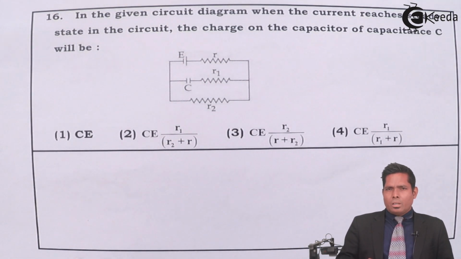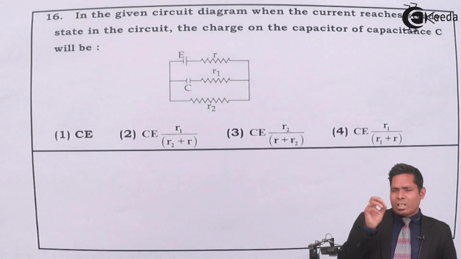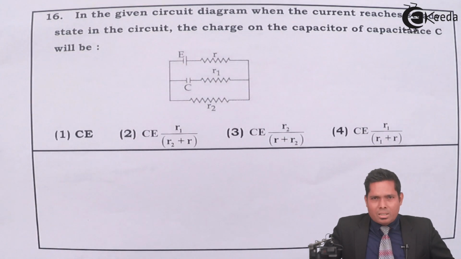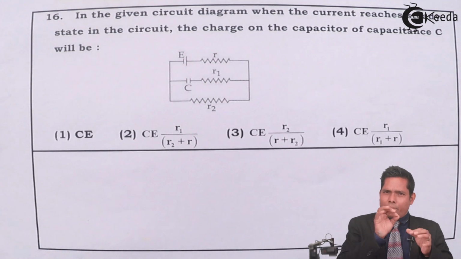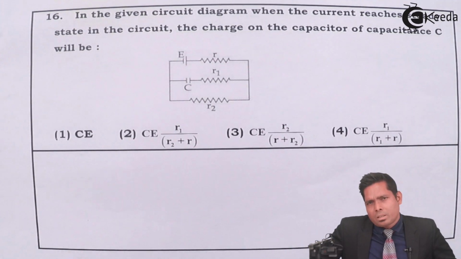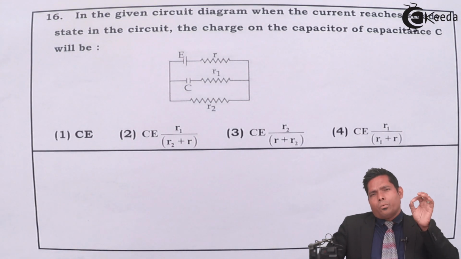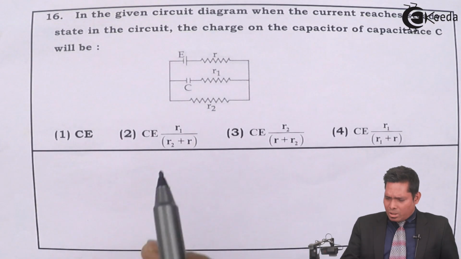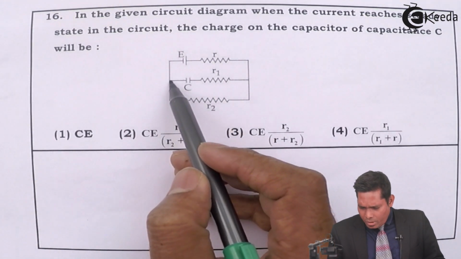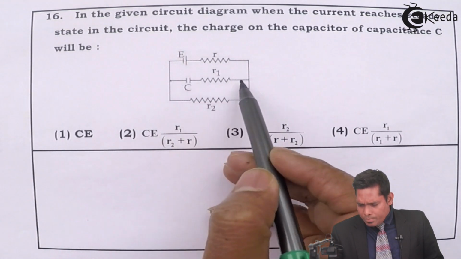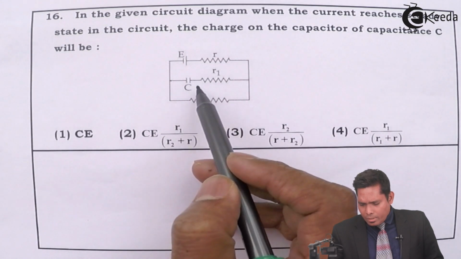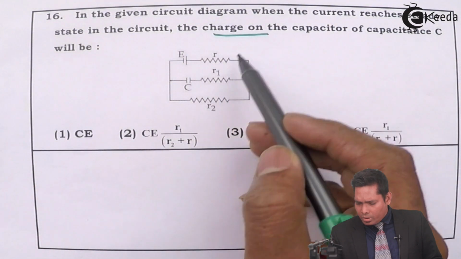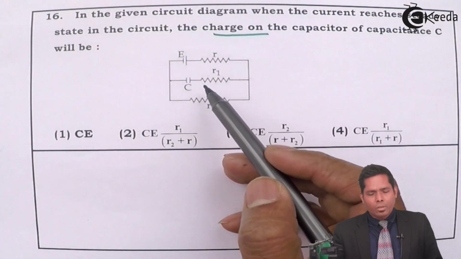That means at steady state the capacitor behaves like an open circuit, so there is no current flowing through the branch which contains a capacitor. Then what is the charge on this capacitor at that time?